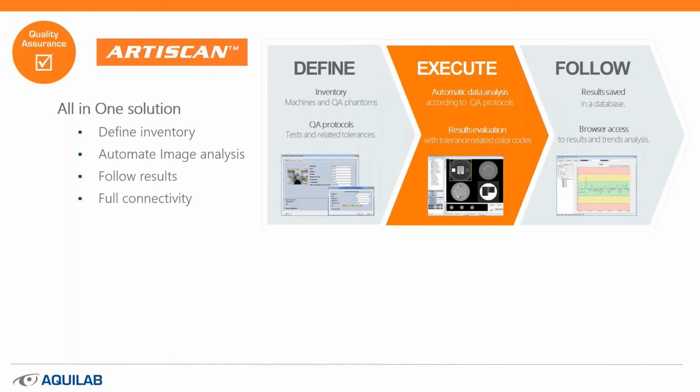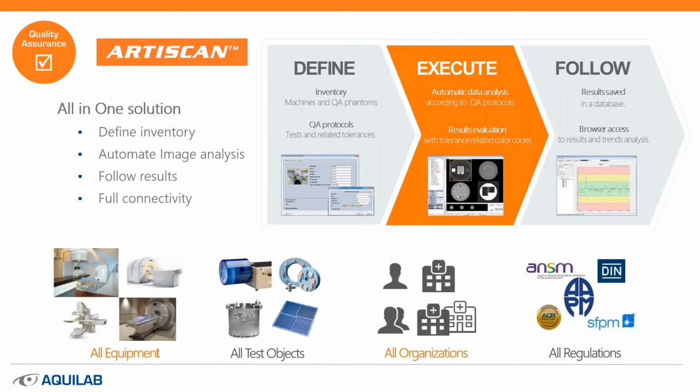It includes a full DICOM database, and all image analyses are fully automatic to ensure consistency of results. These results are saved in a centralized database that permits web access to all reports and trend analyses.